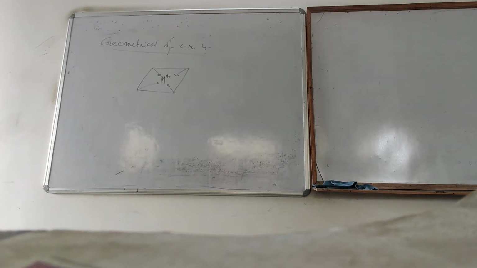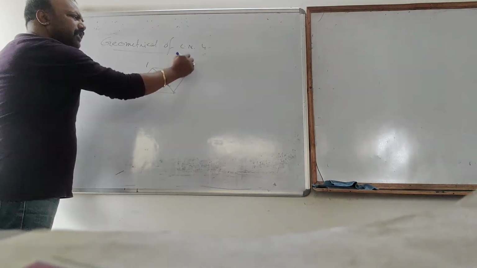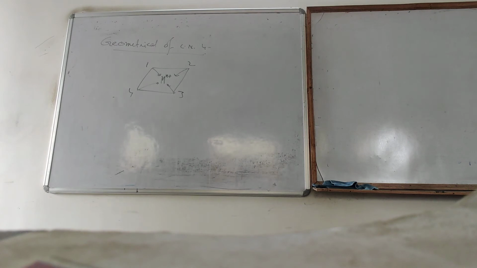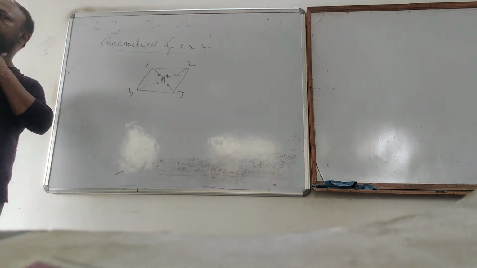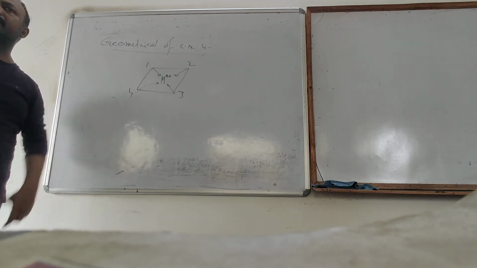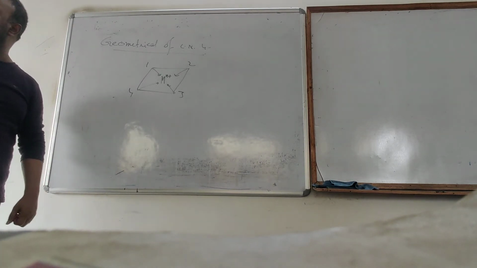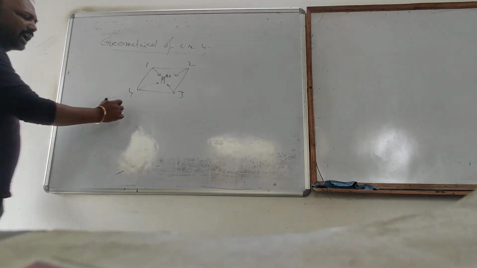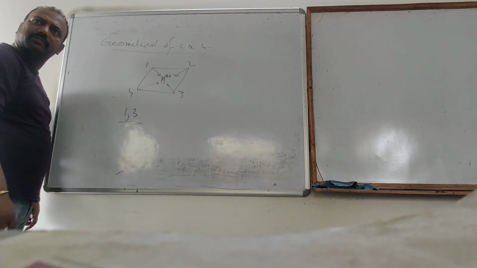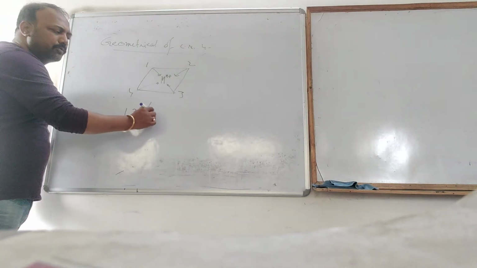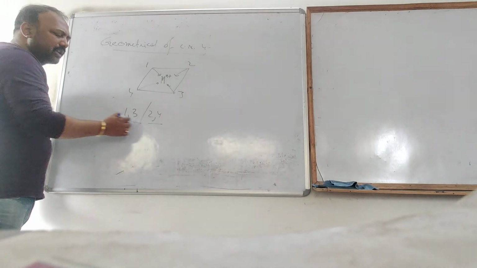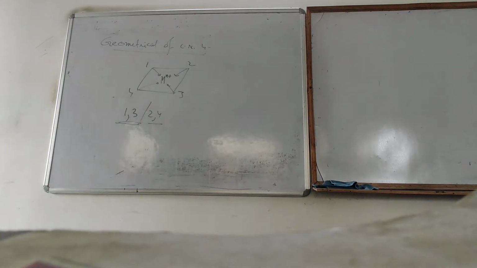Let us number the sides 1, 2, 3, 4. A ligand is attacking from number 1, from number 2, from number 3, from number 4. If the same ligands are placed either at 1 and 3, they are opposite, or at 2 and 4, they are opposite, so these pairs are called trans pairs.